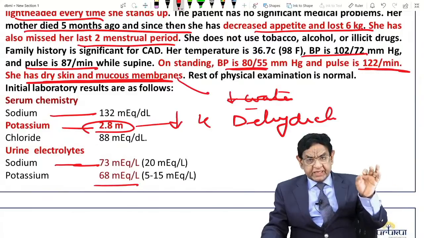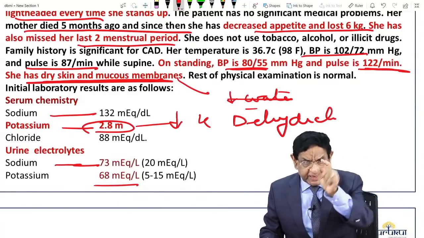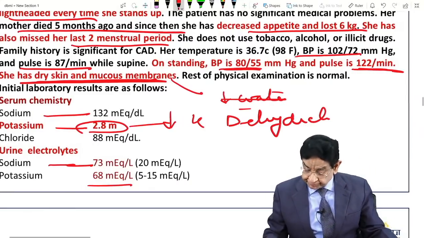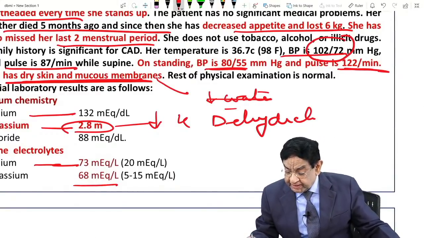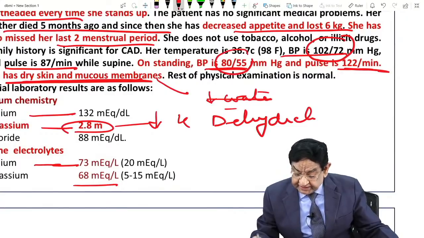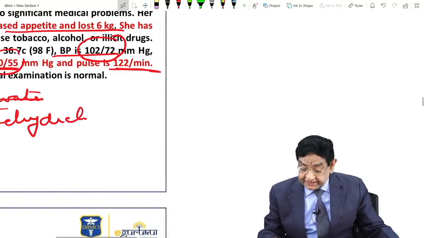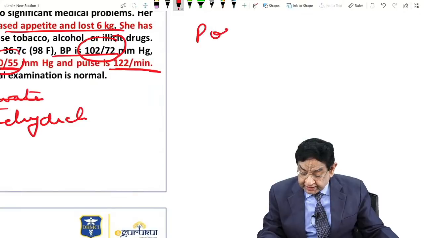And second point, she's severely dehydrated. How come? Her BP in supine position is 102/72, standing is 80/55. That means she has a postural hypotension.